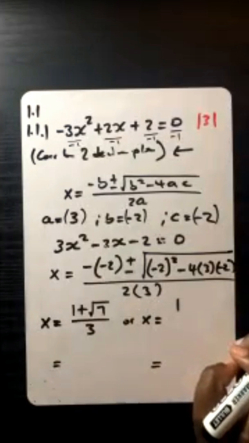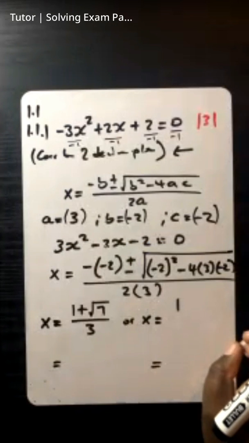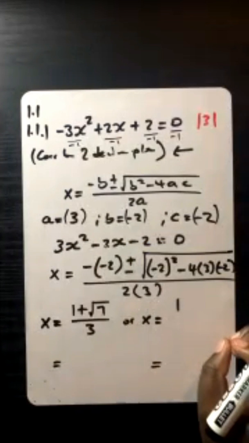Is there someone who wants to ask a question? No, it's fine, sir. I think it was a mistake from my side. So you got it? Yes, sir. 1 minus root of 7 over 3, I'm also getting. Okay.